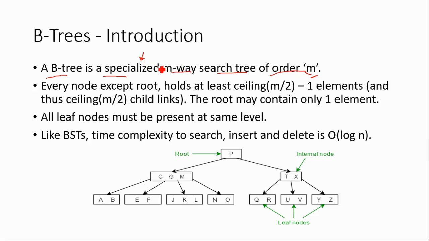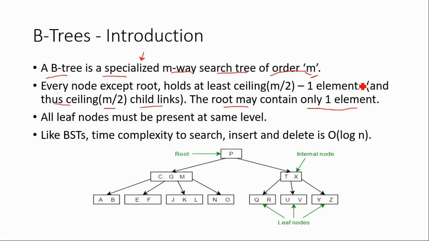What are those? See the first condition. Every node except root holds at least ceiling of m by 2 minus 1 elements, and ceiling of m by 2 child links. The root may contain only one element.